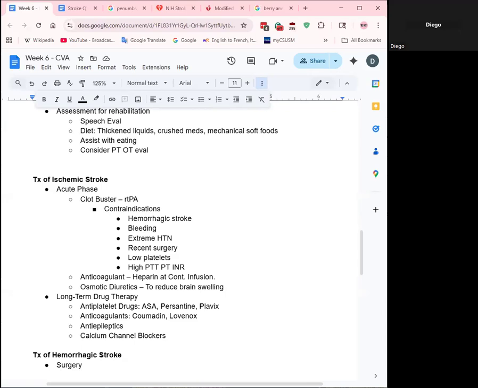If they're also having bleeding, or if the patient's blood pressure is too high, because the clot buster decreases the instances of clots. So if you have extreme hypertension, it would also increase your risk of them having a hemorrhagic stroke, because even a minor bleed in the brain would not be clotted up.